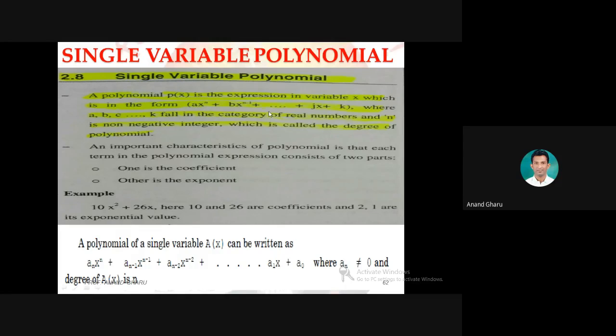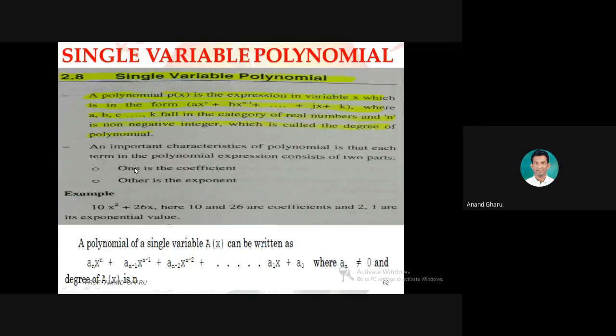The coefficients should be real numbers, it can be a negative number, but the exponent value should be a non-negative integer. It should not be a negative integer. So this is the basic definition.